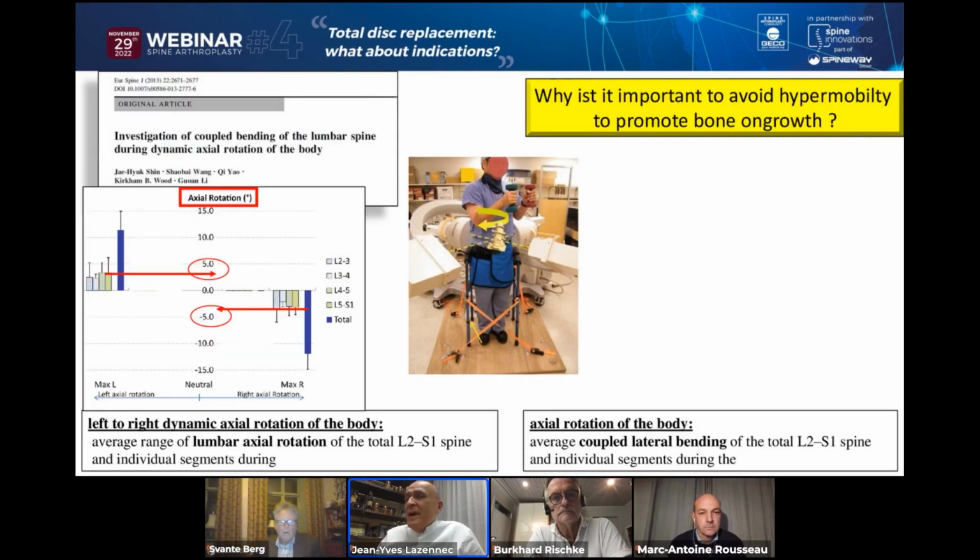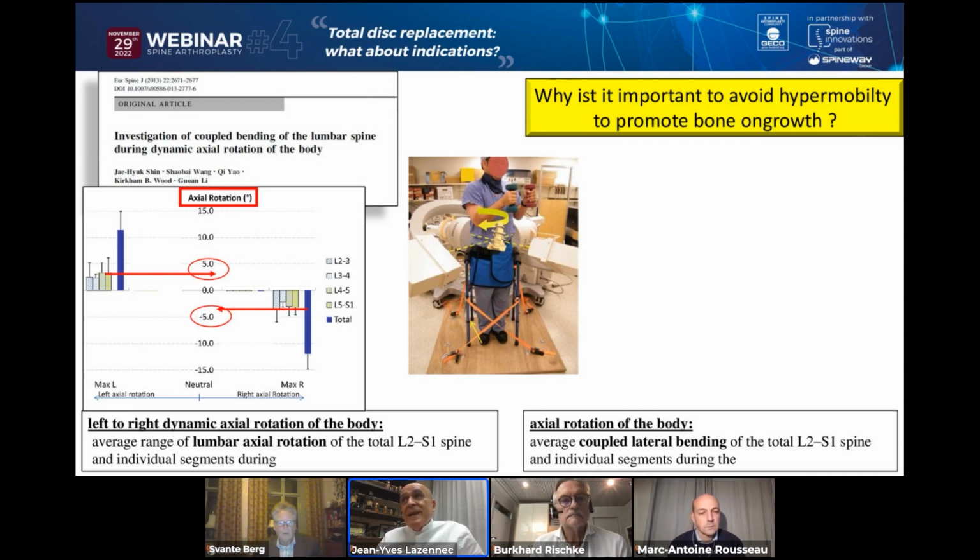So what are the limitations for mobility? This paper is very interesting because it shows you, when you do axial rotation and lateral bending, what the critical levels are. On the left, this paper shows that when you do maximum axial rotation, you may have at L5S1 and L4L5 more or less 4 to 5 degrees rotation in a normal spine.